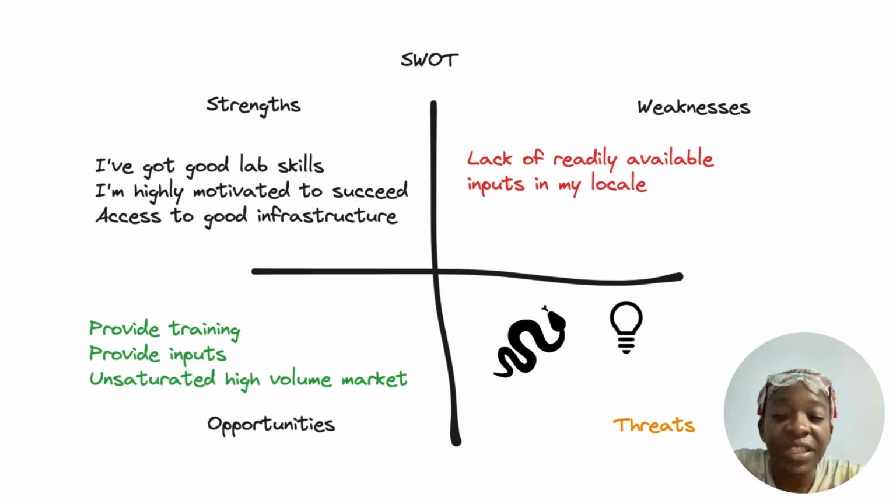And then for threats, I did mention the snake issue. So I've got to make sure that even the fruiting and incubation rooms that I have are really snake proof because I can't deal with snakes. I'm not doing that. And I've got a light bulb here as well because we're under this horrible load shedding regime where we don't have power from like 06 until 22.